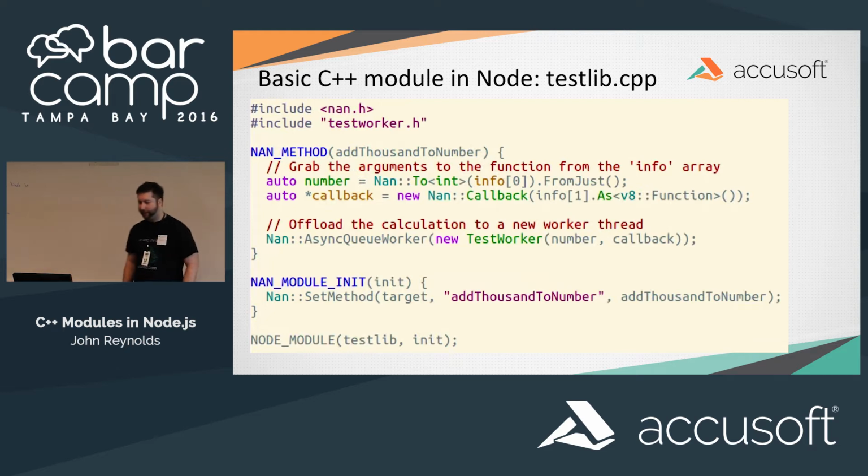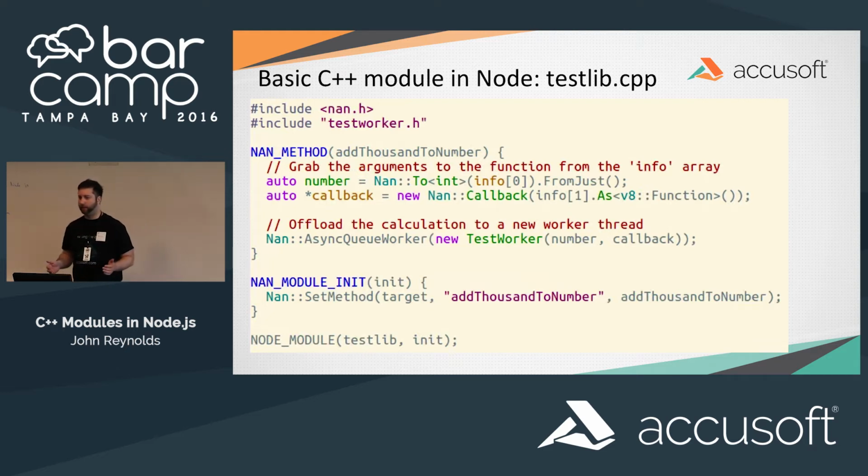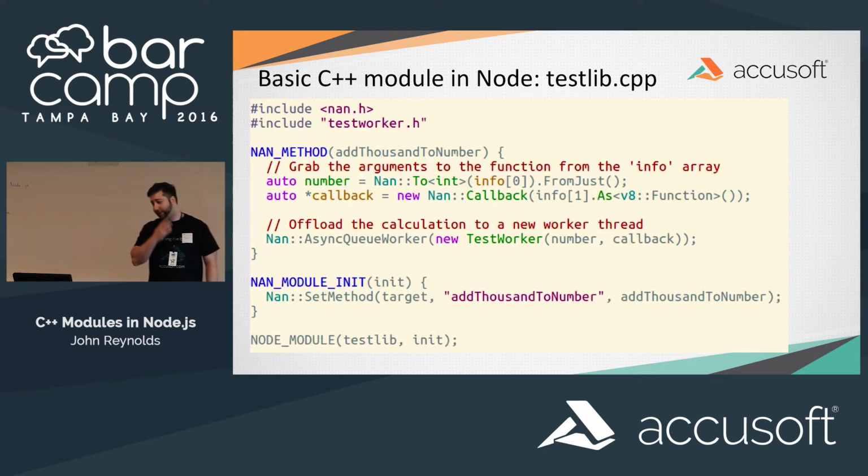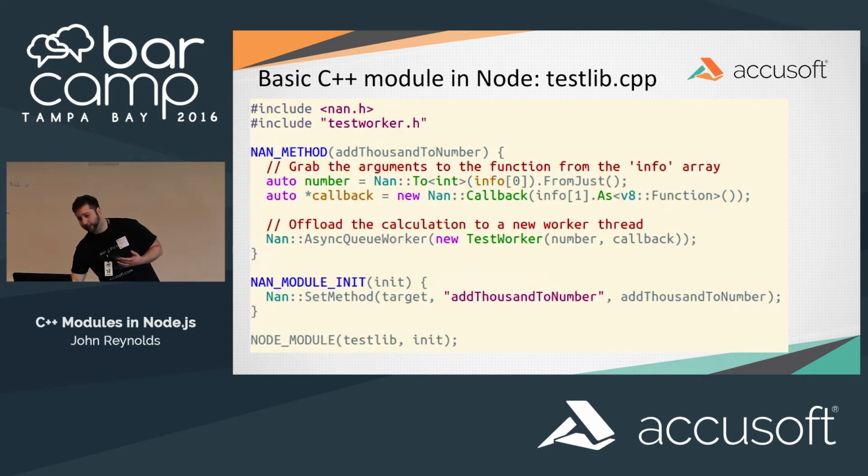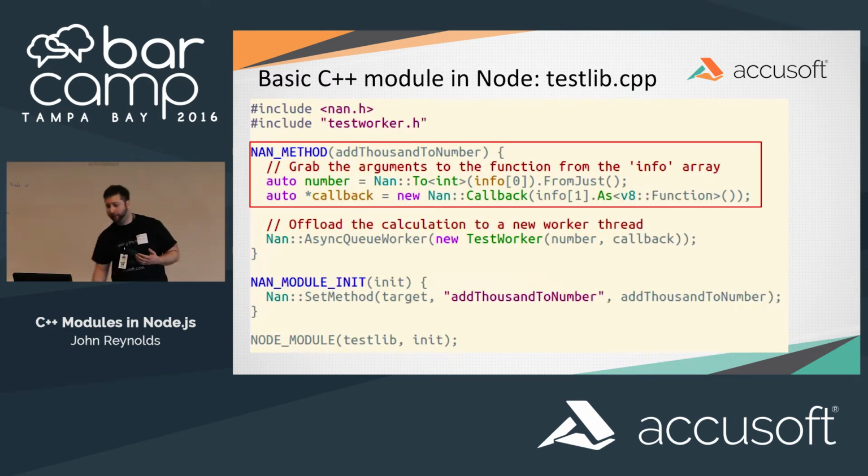So this is going to be the front end of our C++ module for Node.js. The first method that we're going to go over is the actual function that we're defining, the one that we're exporting. So nan provides a macro, NAN_METHOD, which allows for a couple helpful things. One is the info array.